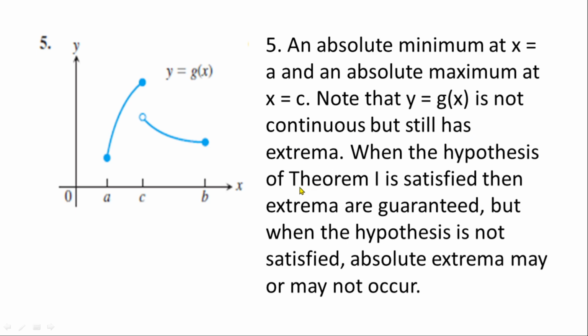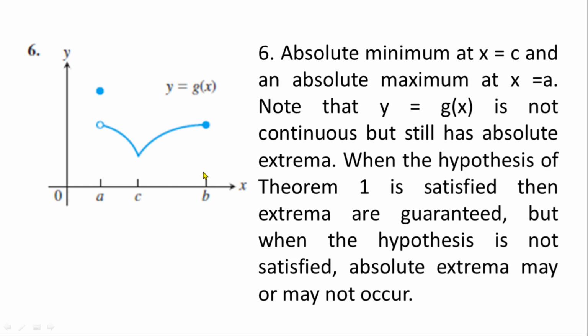When the hypothesis of theorem 1 is satisfied, then extrema are guaranteed. But when the hypothesis is not satisfied, absolute extrema may or may not occur. In the previous example, there is no absolute maximum or absolute minimum, even though here the function is not continuous and there are an absolute minimum and an absolute maximum.